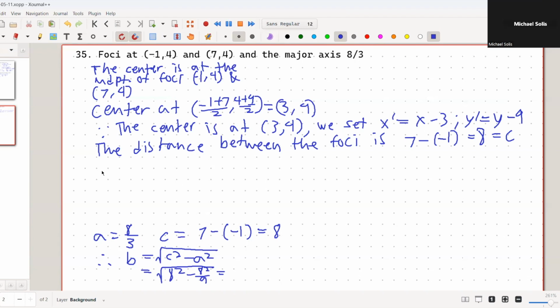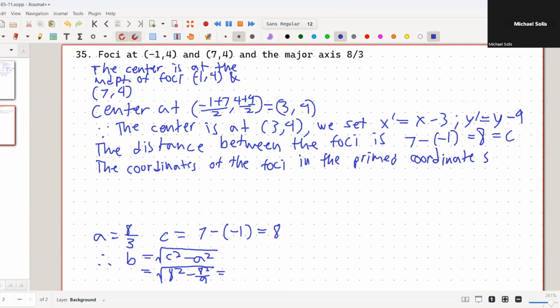So the coordinates of the foci in the new coordinate system are... so x minus 3, negative 1 minus 3, negative 4 and 4 minus 4, no?